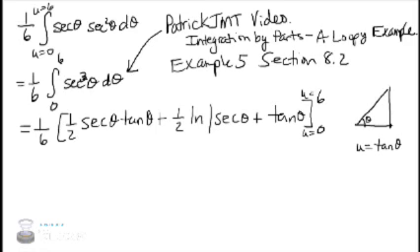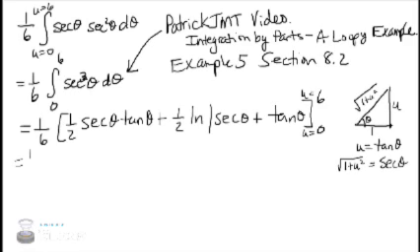Tangent of theta being opposite over adjacent, so u over 1. And then our third side is the square root of 1 plus u squared, our hypotenuse. So the secant of theta is hypotenuse over adjacent, so the square root of 1 plus u squared.